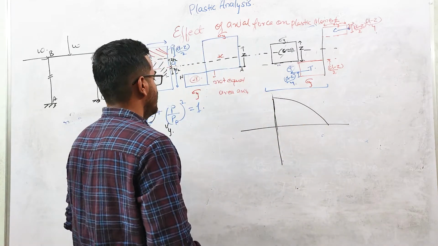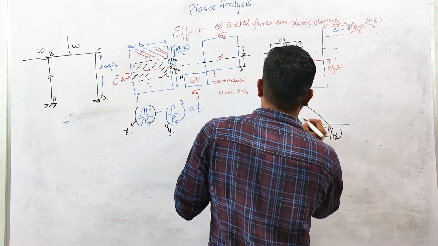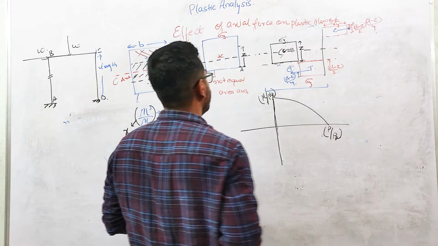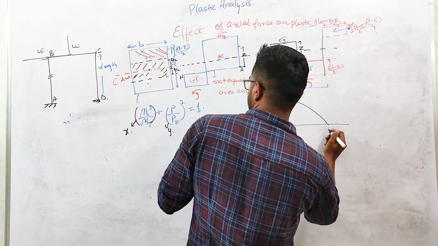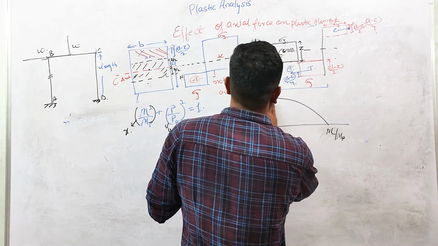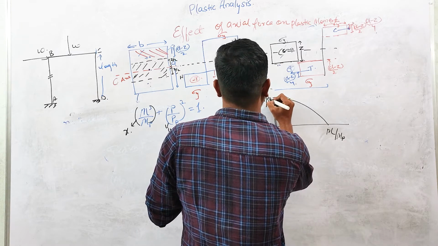Suppose this is P by Pp and this is M by Mp. Oh sorry, if this is x, this should be M by Mp, and this is y, this should be P by Pp.